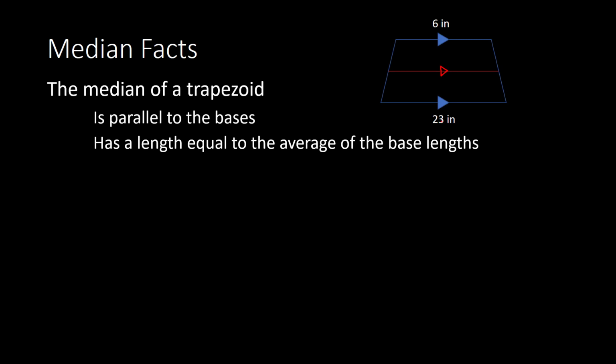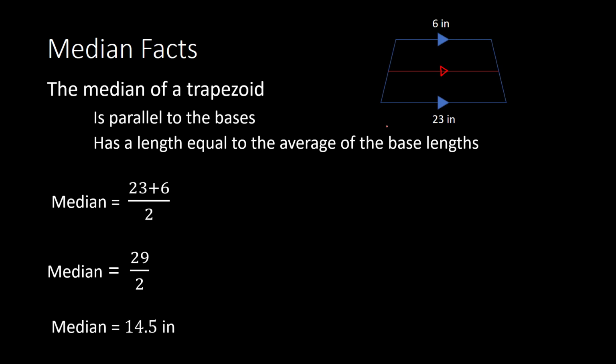To find the length, I find the average of 23 and 6. To find the average, I add and divide by 2. So I take 23 plus 6, divide by 2, I get 29 over 2, which gives me 14.5 inches. So if we know the 2 bases, we can find the median by taking the average of the bases.